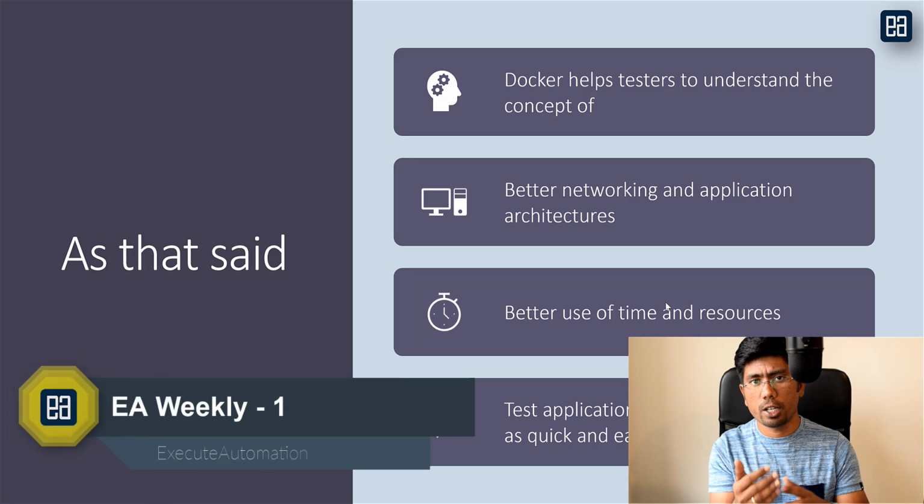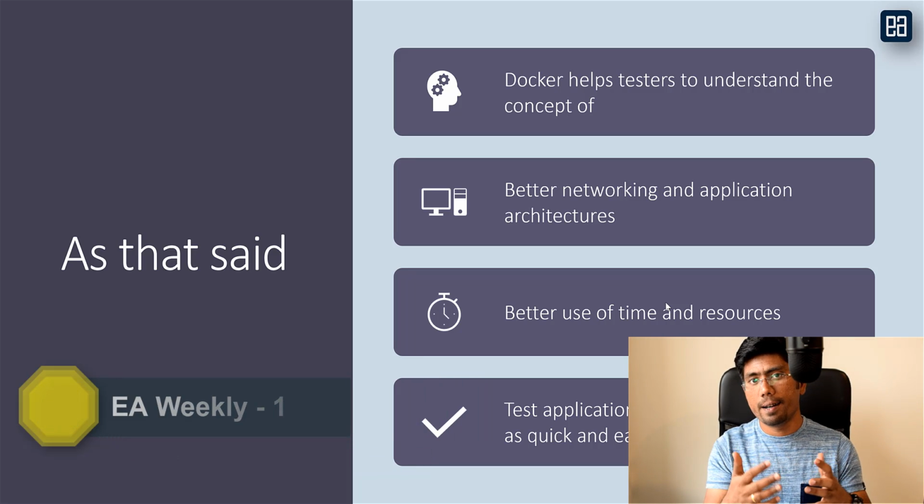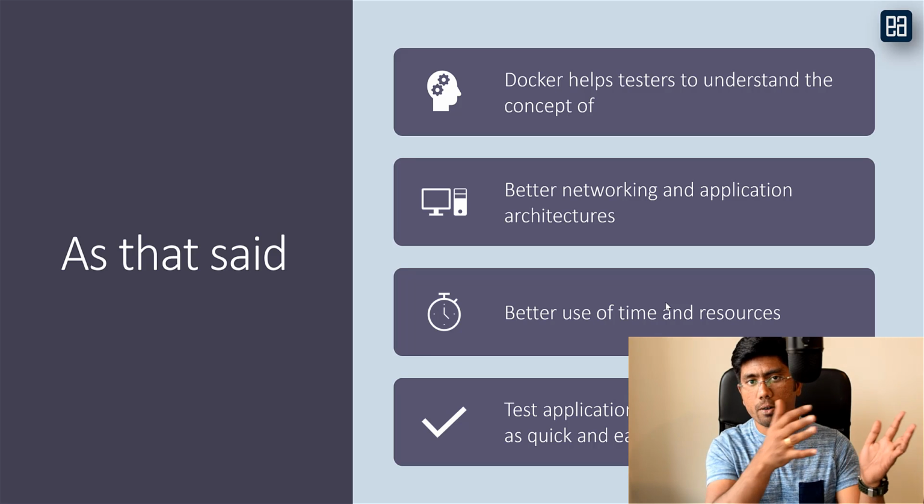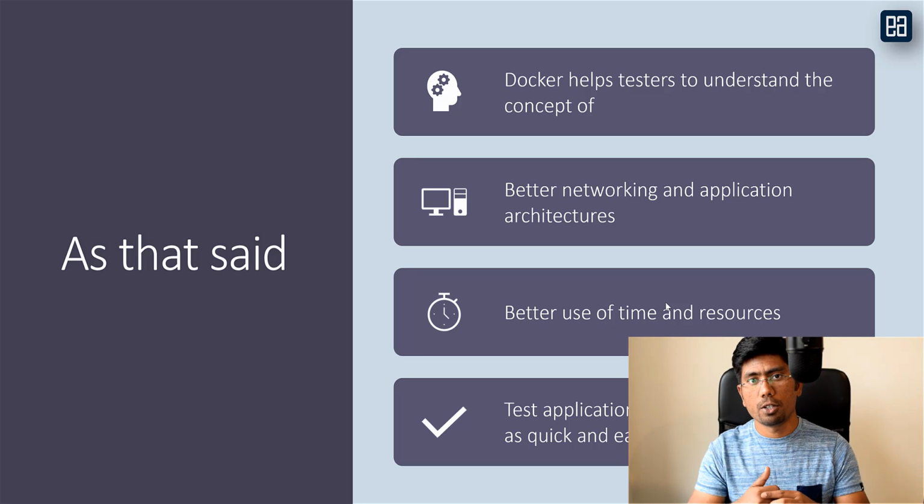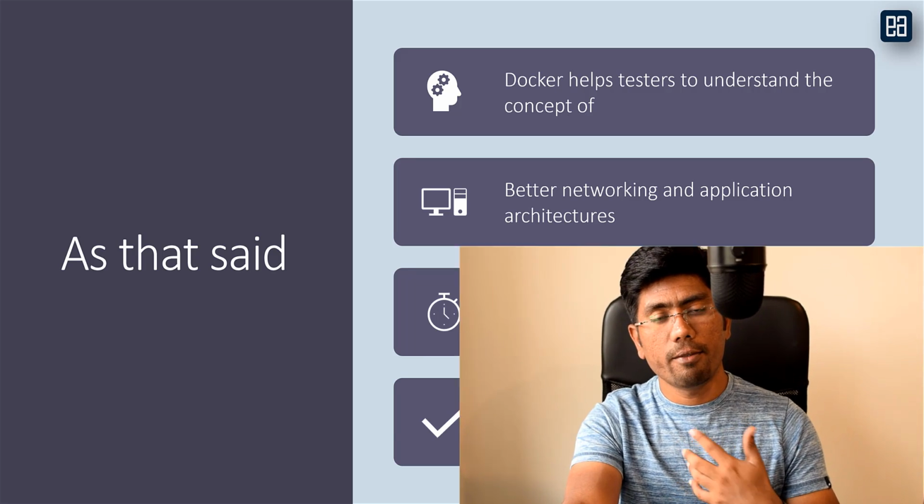Even though you use checkpoints in virtual machines, it's always harder for a tester to replicate the same environment as production. But using Docker, we can replicate the same kind of production environment within the testing, internal, prod, and pre-prod environments. And testing applications on multiple environments is as quick as possible, because with Docker you can just spin up the container, test, and then spin down the container. So everything is going to be quicker than with a virtual machine.